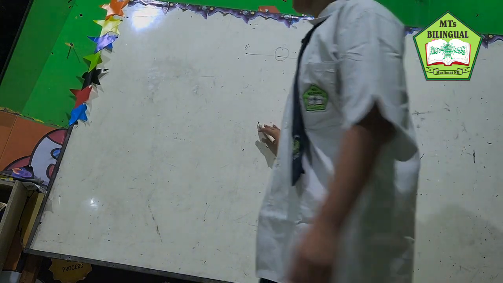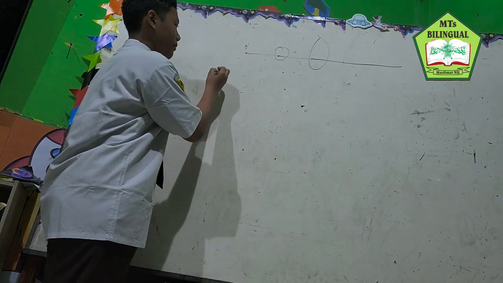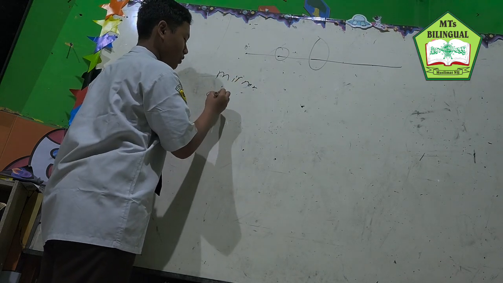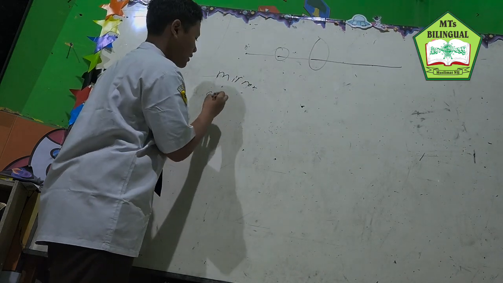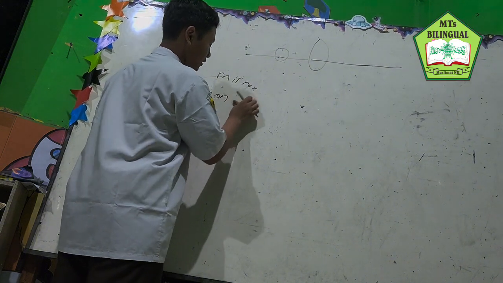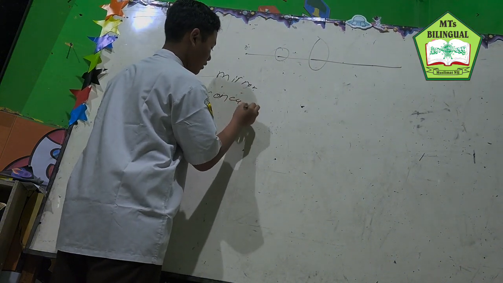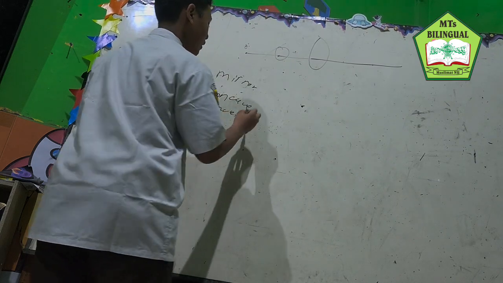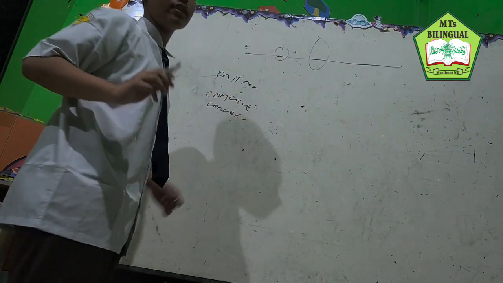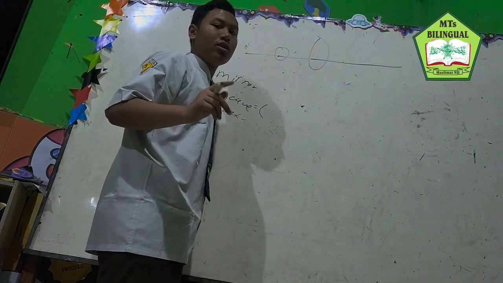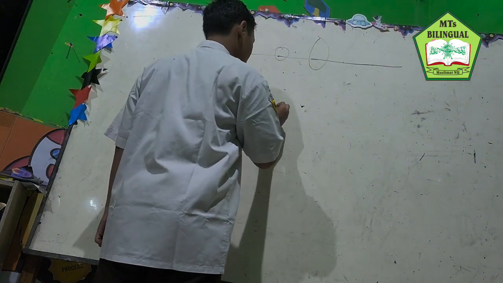A mirror can be concave or convex, and each type has a different focal length. So to determine it, you must know the difference.